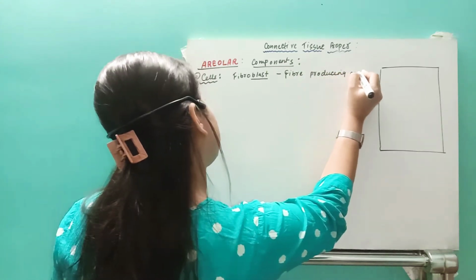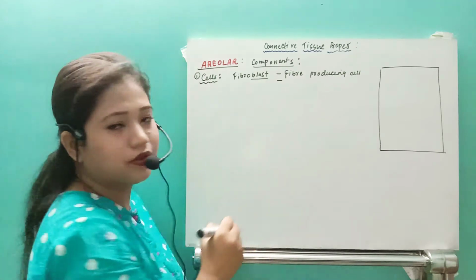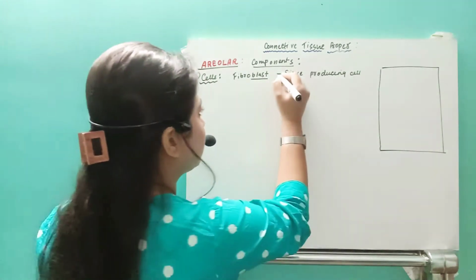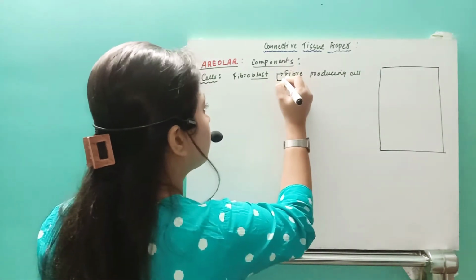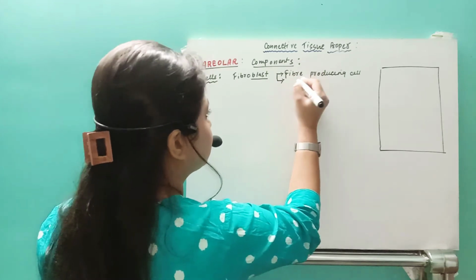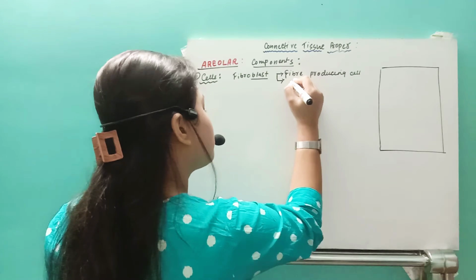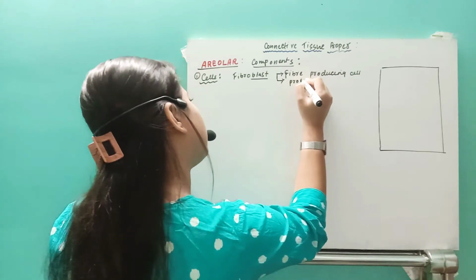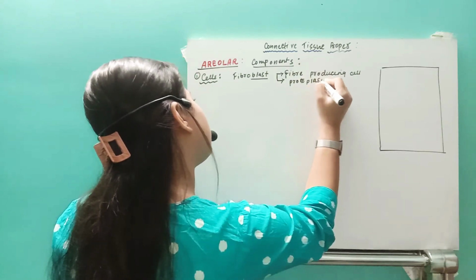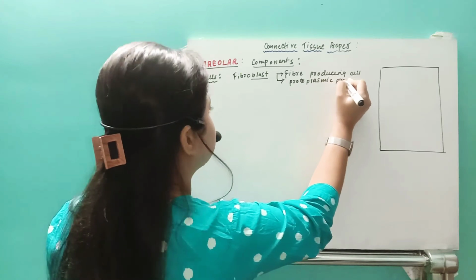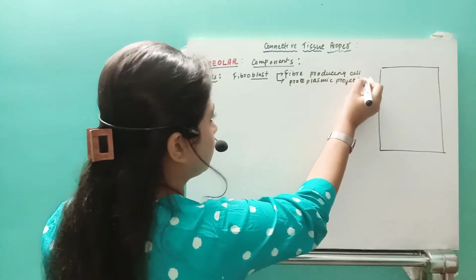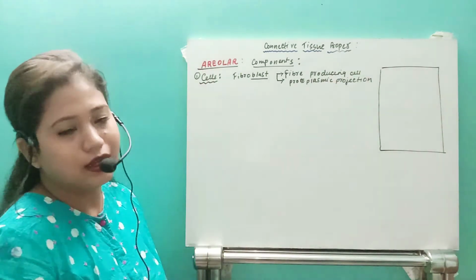Next, the second characteristic about the fibroblast you need to know is that it has cytoplasmic or protoplasmic projections. That means like the amoeba, it is going to have some finger-like projections.